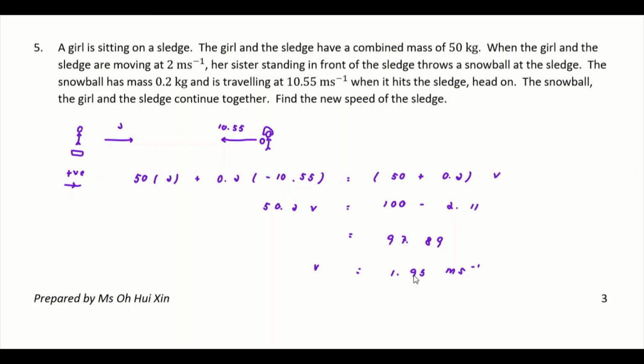So that's it for the examples here. You'll realize that all these examples are focused on using the principle of conservation. Your past year questions are going to be harder because they combine the force part as well. But always remember that in conservation of momentum, we only involve the velocity and the mass.